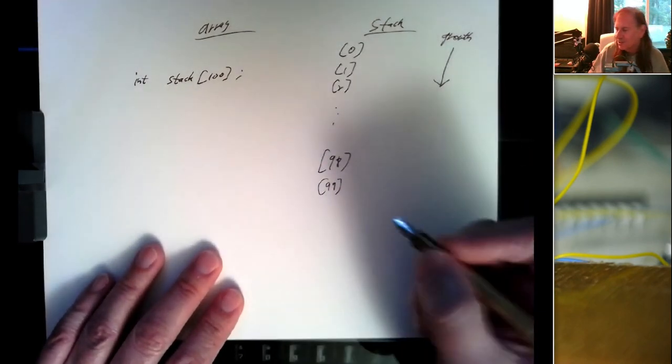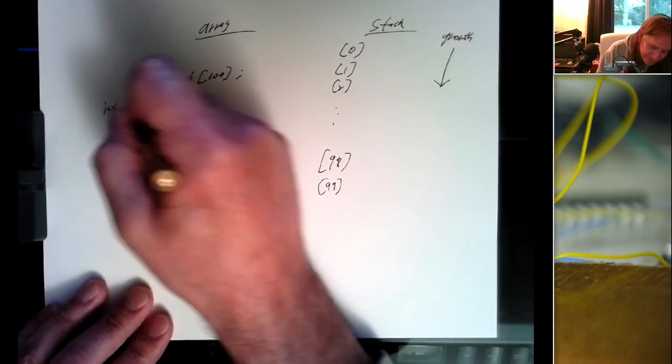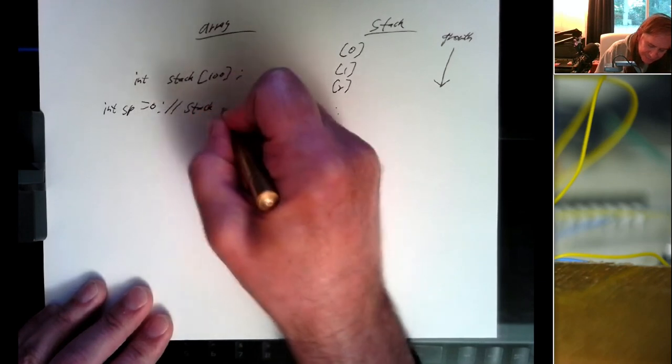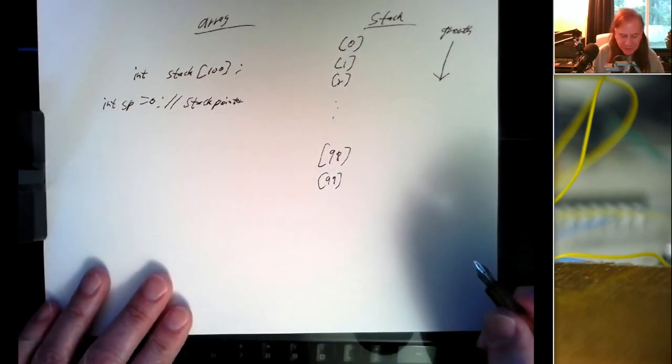And so we need a variable to record the index where we're going to store our next piece of data. And we usually call that SP. We call that the stack pointer. So it points to where in our stack we're going to store our information.